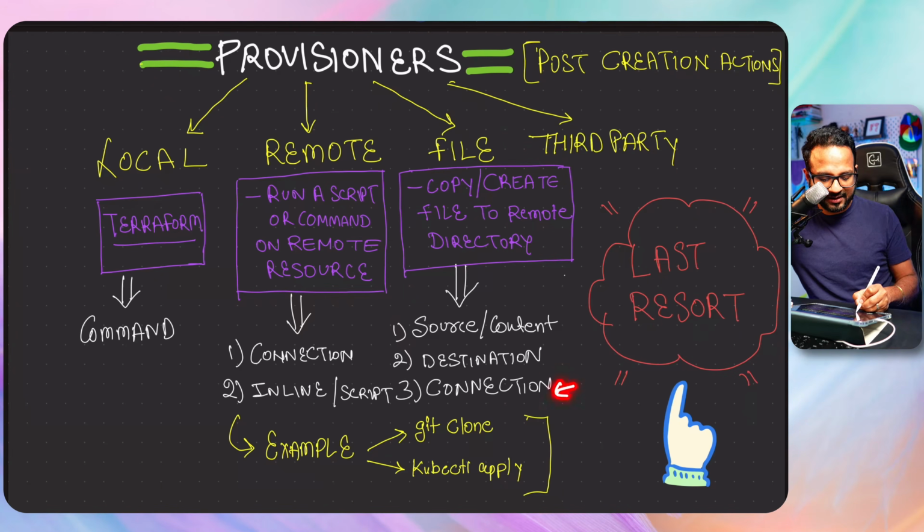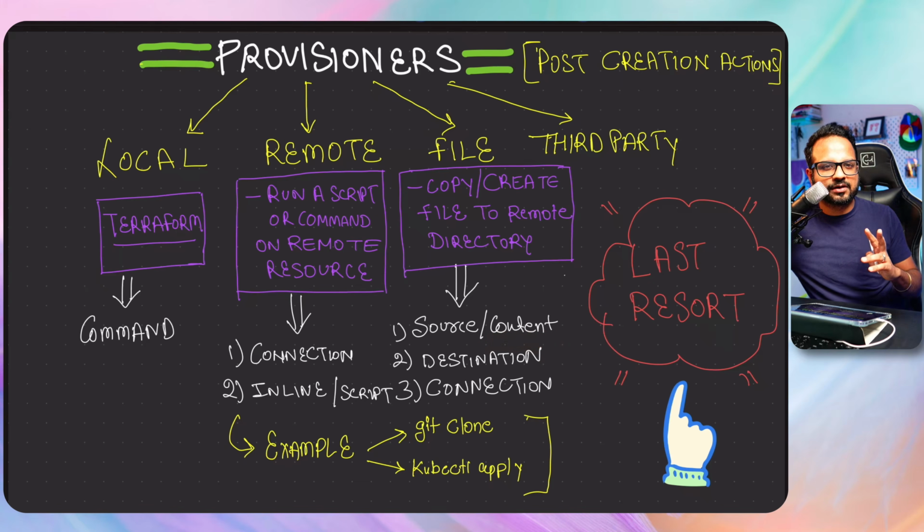Now you need source and destination as well. Source is which file needs to be copied, and destination is where it should be copied in the remote resource. Instead of the file name as source, you can provide the content as well.